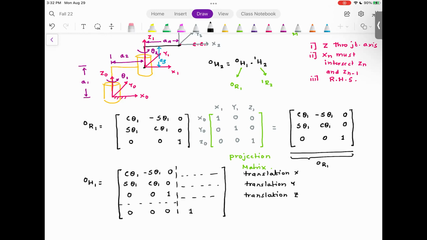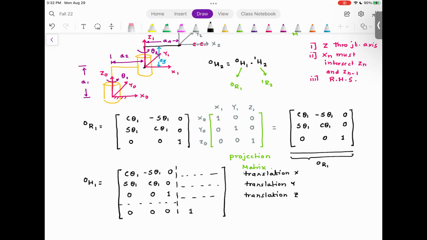So whatever translation relationship we write, it must hold true no matter what my value of theta is. If theta 1 is 0, that relationship should hold true. If my theta is 90 degrees, that should hold true. If my theta is 360 degrees, it should hold true.